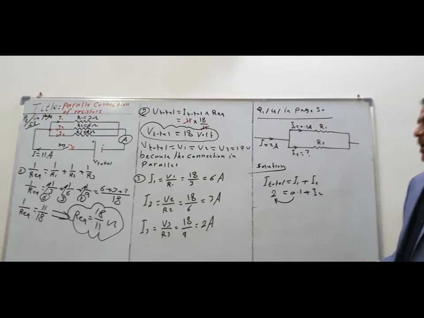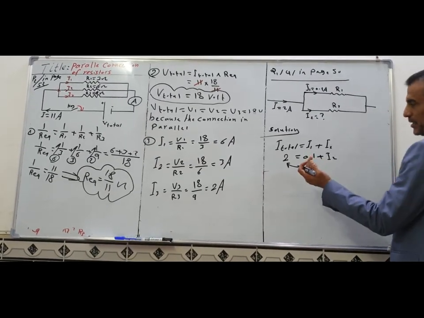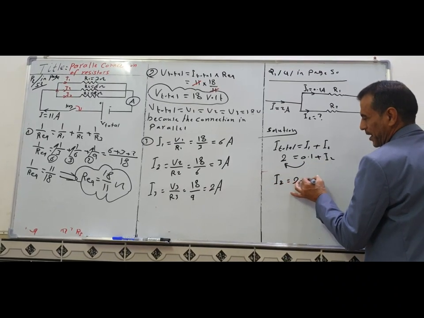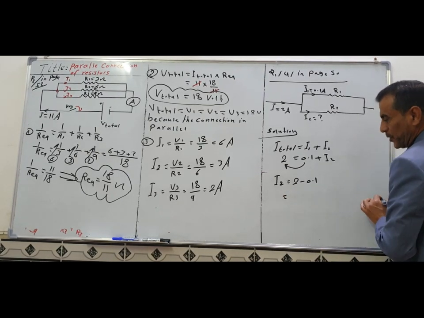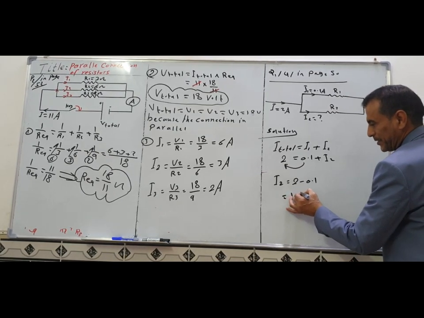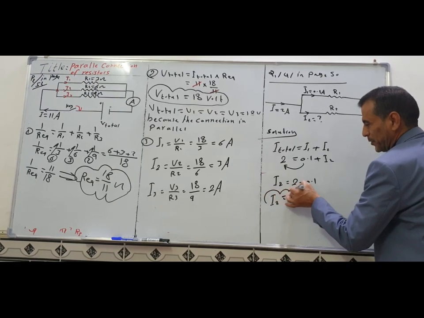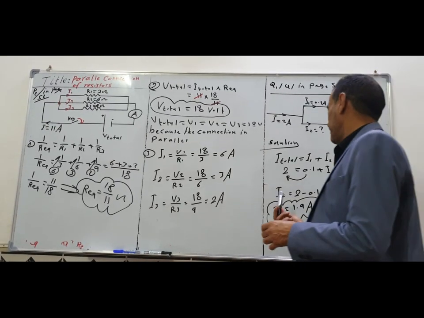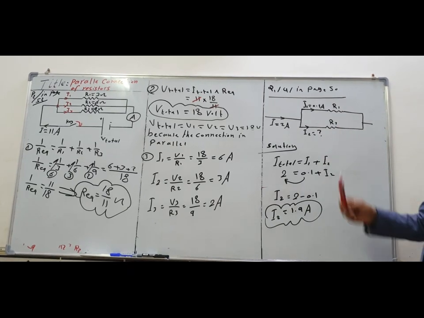Transfer 0.1 to the other side, positive converts to negative. I2 equals 2 minus 0.1, which equals 1.9 ampere. This is the magnitude of the electric current flowing in the second resistance.